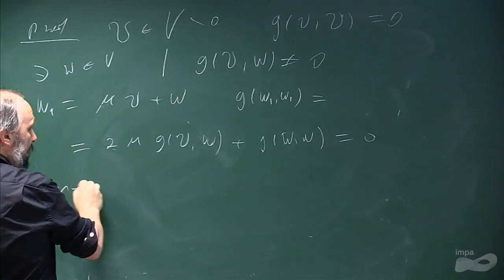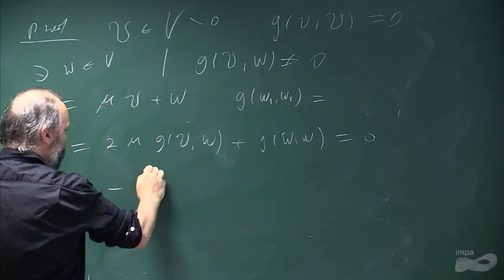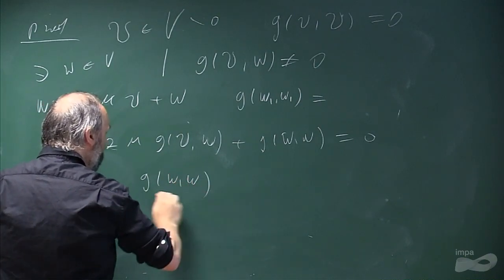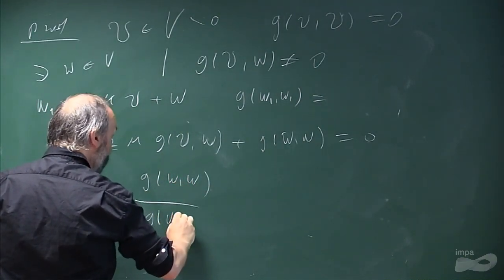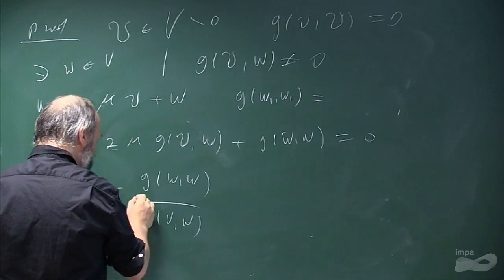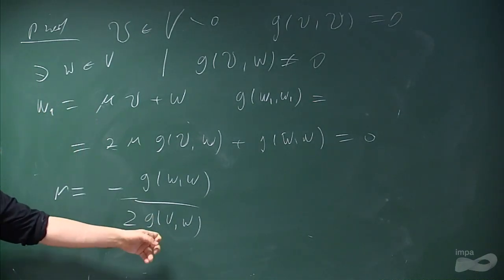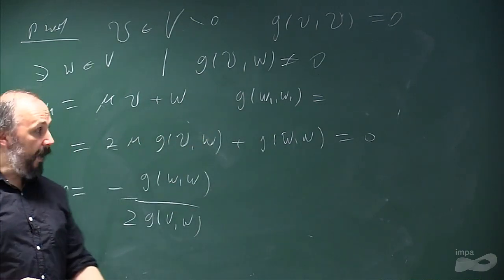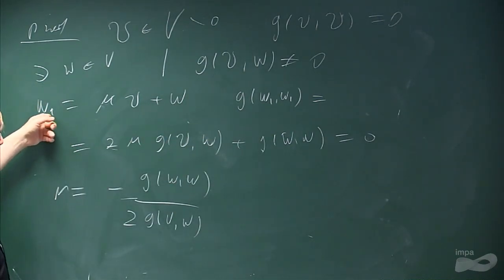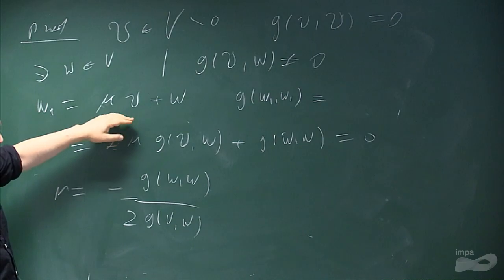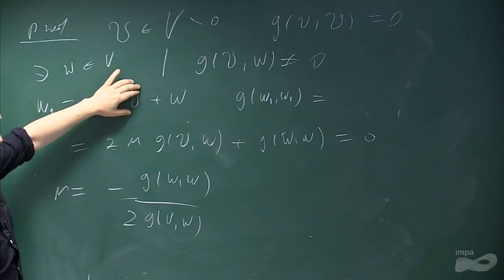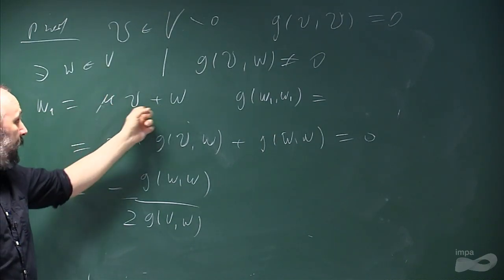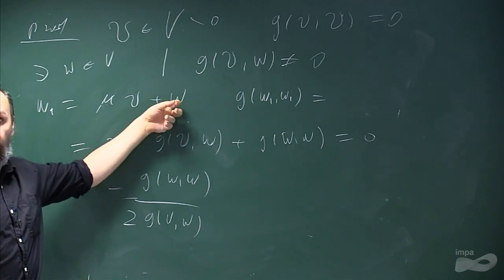This means that mu is equal to minus g of ww divided by 2 g of vw. This is okay because we know that this is non-zero. And the new w1 will have the same property because v square is 0, so if you multiply it by v, this gives the same number.